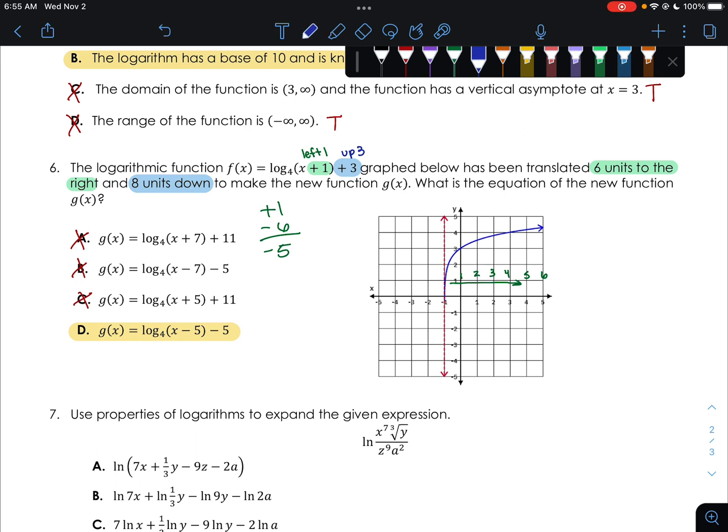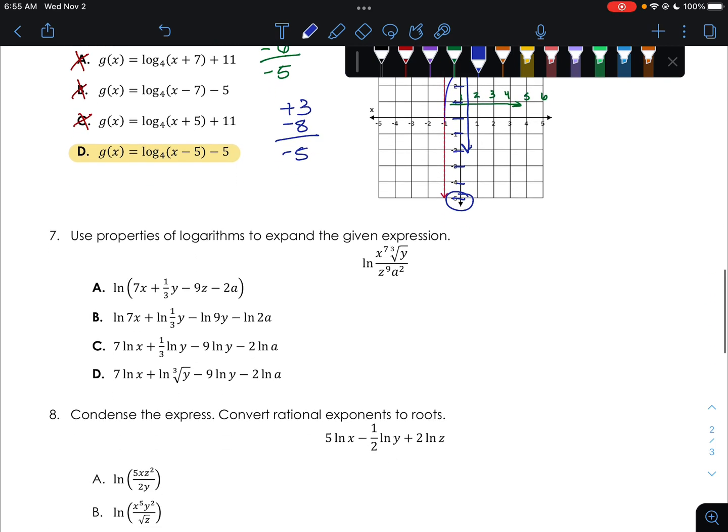So if I think about it right here, going down 8 units, that would be 1, 2, 3, 4, 5, 6, 7, 8. So it should be a -5, which is what that has. Or you can think about +3 minus 8, which would give you a -5. So sometimes visually that might help you, so use the graph if you need it.